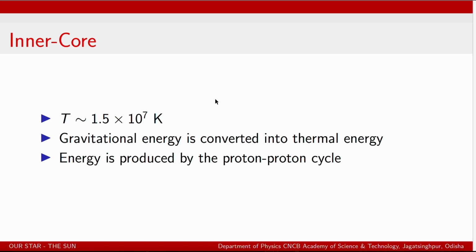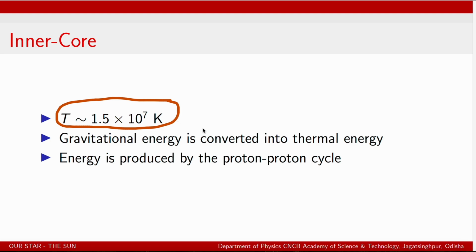The inner core is characterized by extremely high temperature. You can see the temperature is extremely high. This is 1.5 into 10 to the power 7 Kelvin. And how did we get such high temperature?